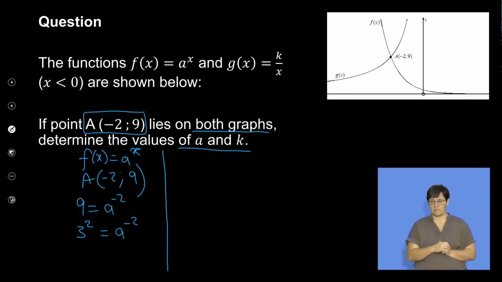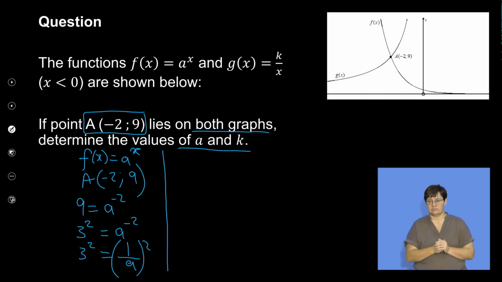But I definitely cannot drop my bases or exponents, because there's nothing that's the same here. I want to make it the same. So I will make it 3 squared is equal to 1 over a, all squared, in order to get rid of that negative.